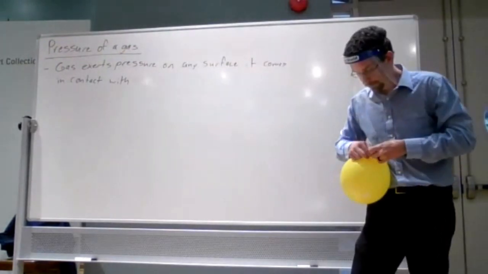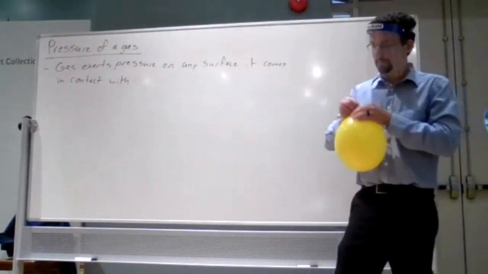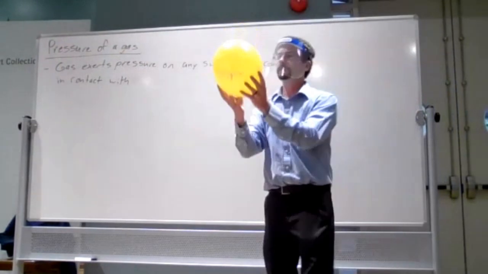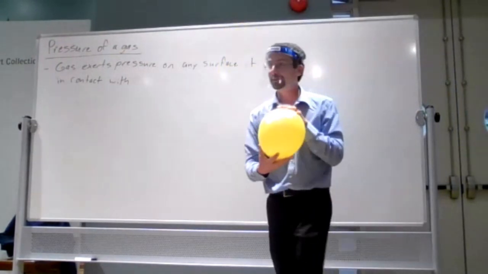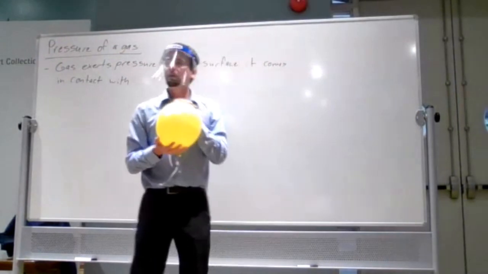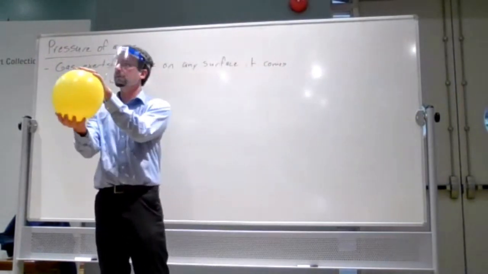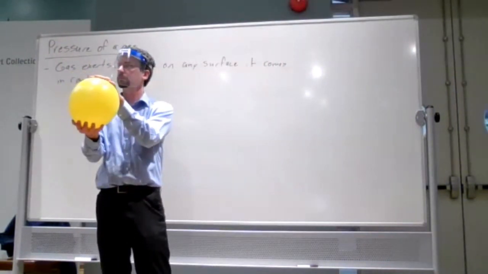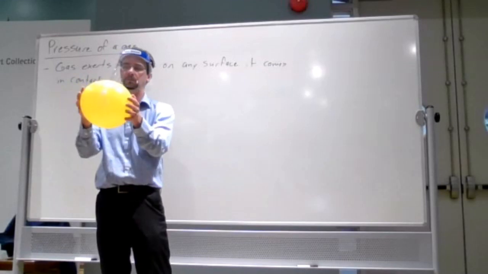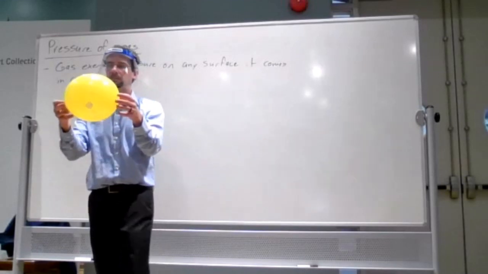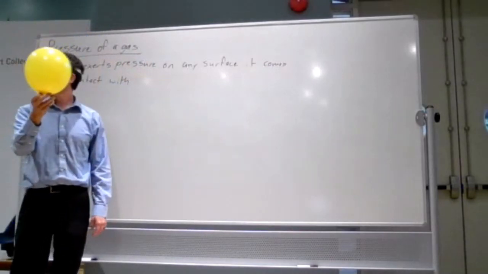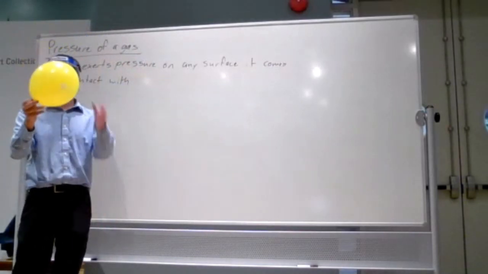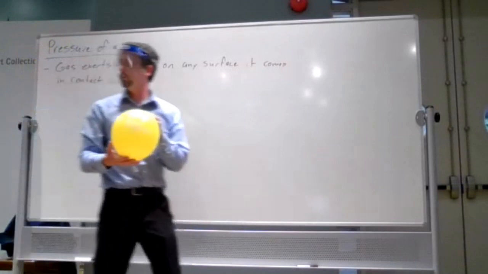So now we have a balloon here. Ooh, it's an ACS balloon too, American Chemical Society. All right. Why does it stay inflated? What's going on the inside of this balloon? Well, what do we have on the inside of the balloon?